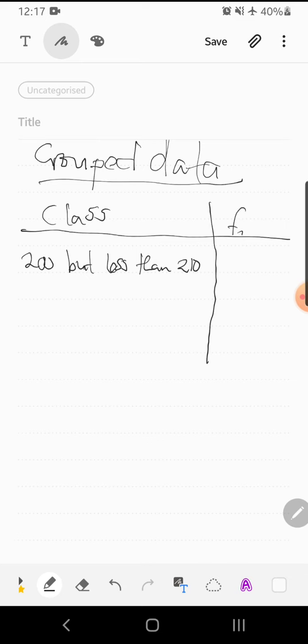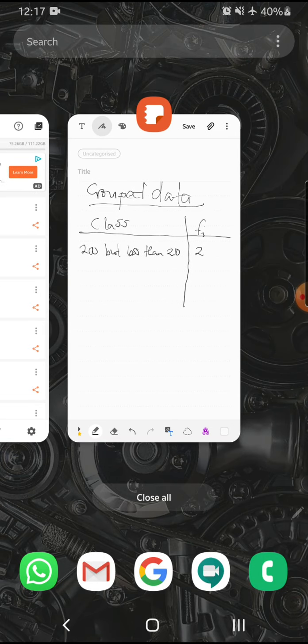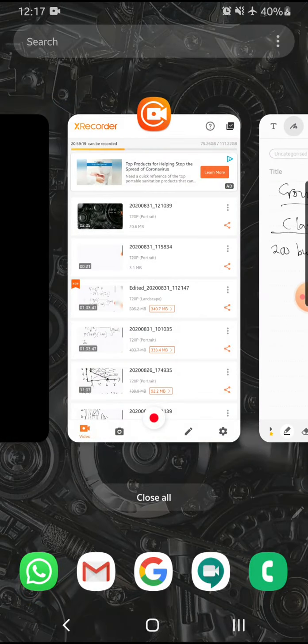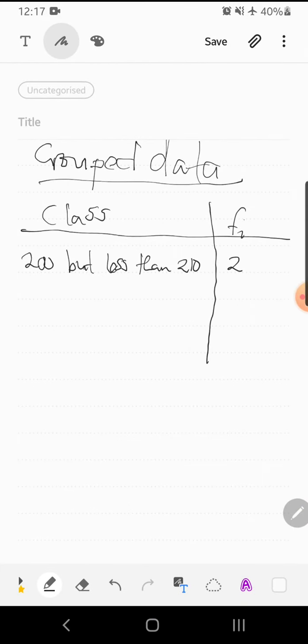And the frequency there, we have a 2. Then we have 210, but less than 220. The frequency is 5.